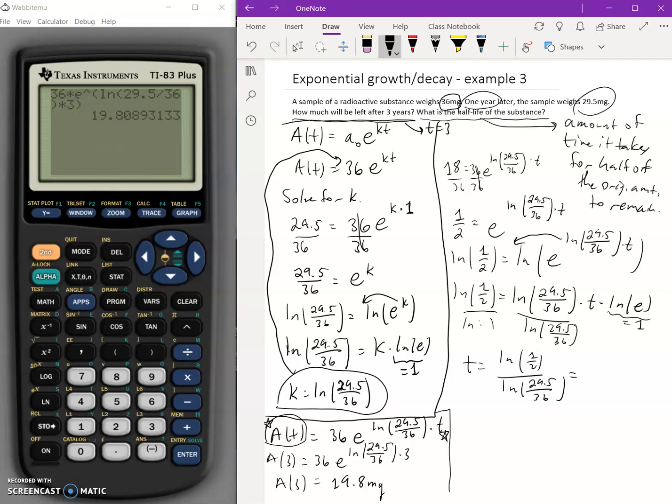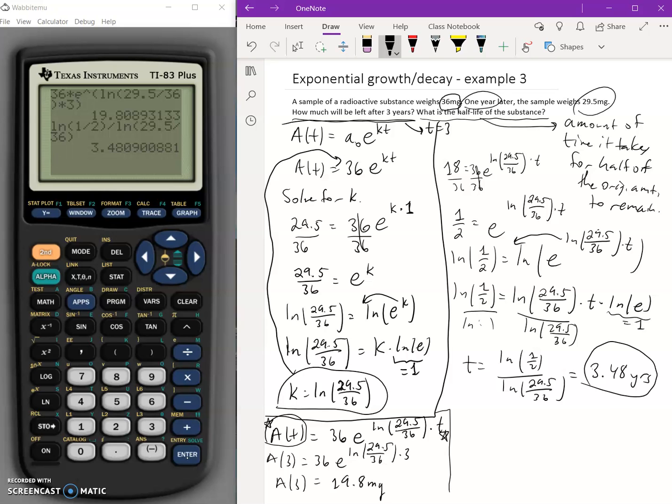So plugging this into the calculator, I'm going to get the natural log of 1/2 divided by the natural log of 29.5 divided by 36. Close the parentheses. And what I see is that this is going to be 3.48 years.